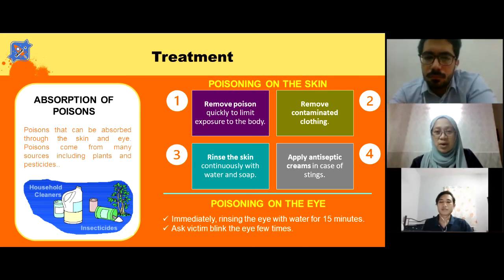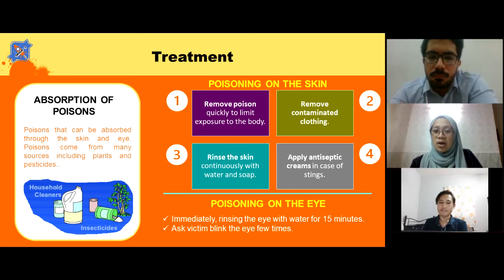Okay, the first one, poisoning on the skin. Try to remove the poison quickly to limit exposure to the body. The second one, remove contaminated clothing. Next, we have to rinse the skin continuously with water and soap. And also, we try to apply antiseptic cream in case of stings.